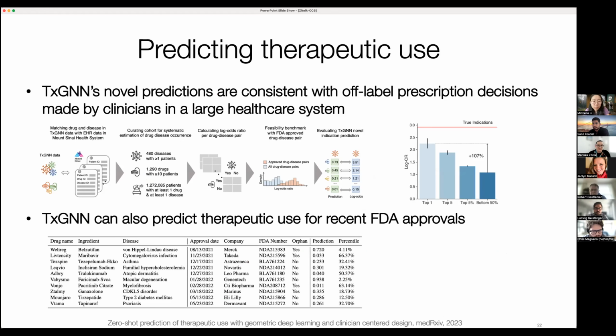Of course, the next natural question to ask is, what about novel predictions that the model would make? So here we ask the model to make novel predictions, and those are predictions around candidate indications and contraindications that are not yet approved by the FDA. And we took those novel predictions and evaluated them against off-label prescription decisions made by clinicians in a large healthcare system.